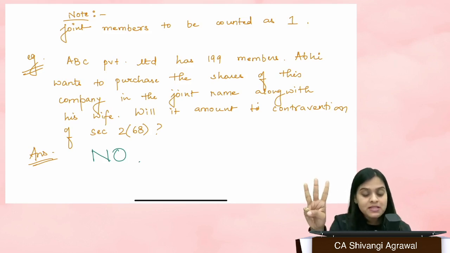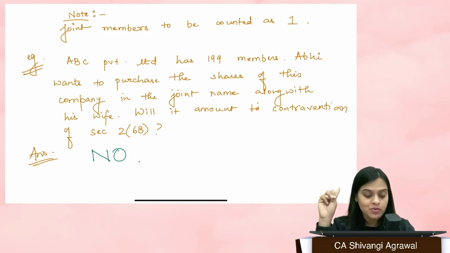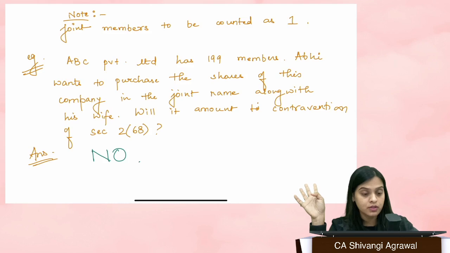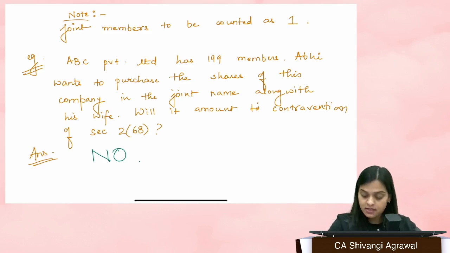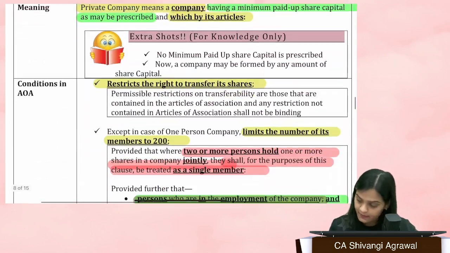Third, it prohibits invitation to the public to subscribe to the securities of the company. So joint members as one, past and present employees not included, that is something that you need to learn. And apart from that, there is going to be minimum 2 members, maximum 200, that you already know. No minimum paid up capital which has been prescribed, and that is it. Fine. As of now, that is it.